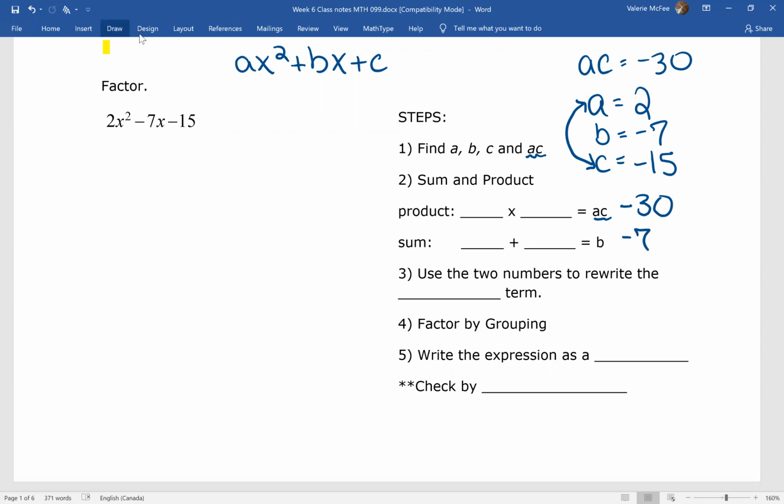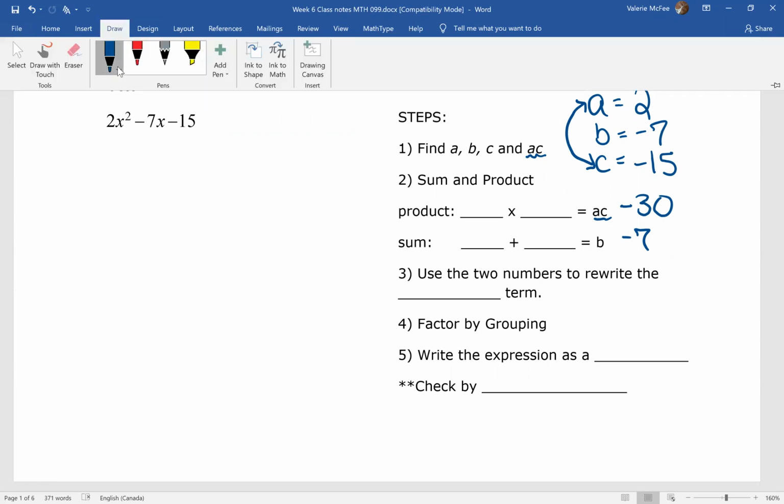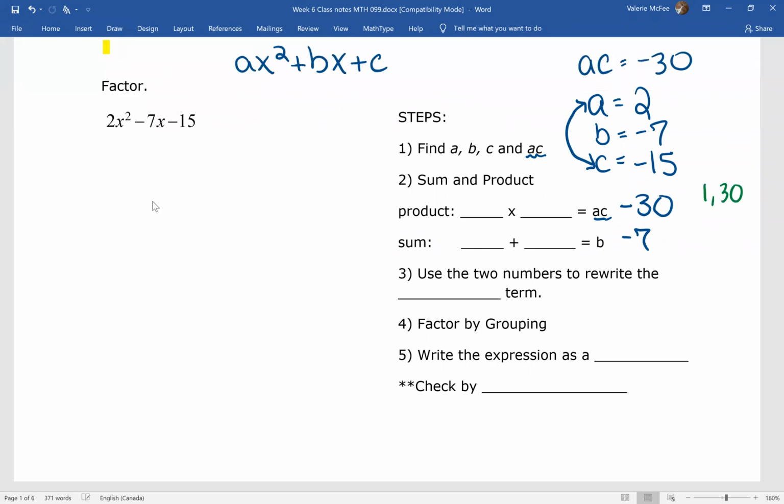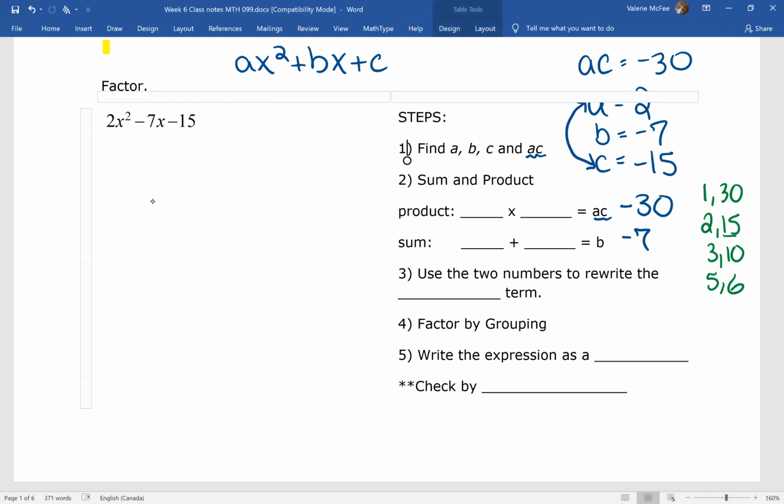Now you remember from practicing that if you don't know the numbers right off, you always want to list the factors for your product. We list our factors in pairs. And hopefully we see that two of those numbers, when adding or subtracting, give us 7.